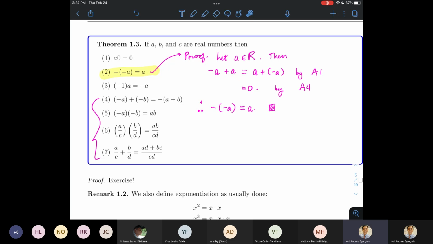How do I write na ang additive inverse ni negative A ay si A? Well, ang additive inverse ni negative A ay equal kay A. So, it's just a tricky play on the definition of additive inverses. Okay? So I hope that clears things up, Gian.